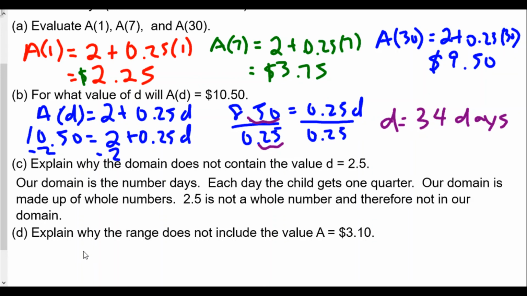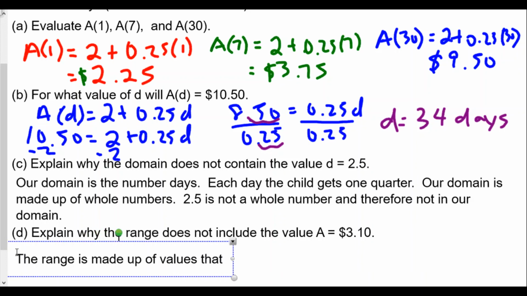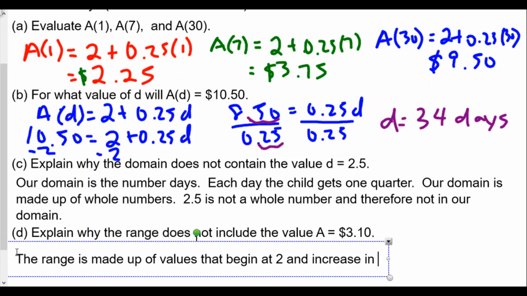All right, so explain why the range does not include $3.10. Okay, and the reason why the range does not include $3.10 is because the range is made up of values that begin at 2 and increase in increments of, well, 25 cents for each day.